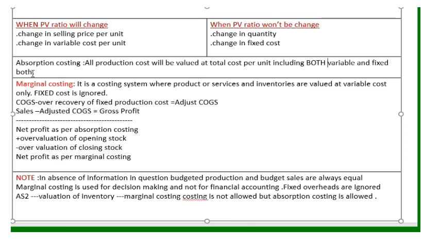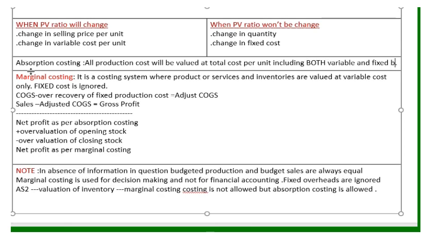The difference between marginal and absorption costing while doing problems: in absorption costing, the production cost is evaluated using both fixed and variable cost, but in marginal costing, the fixed overhead or fixed cost is ignored.